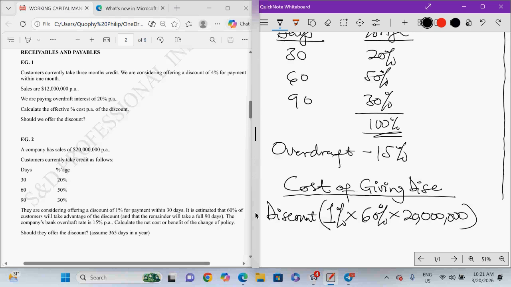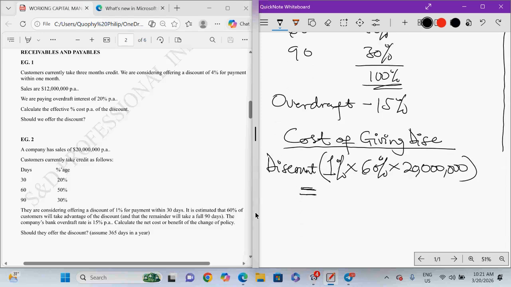This will give us a discount, and that will be the cost, because it is a discount we are giving to our customers. So it is a cost to us. So 1% of the 60% times the 20 million should give us the discount. What are we getting?